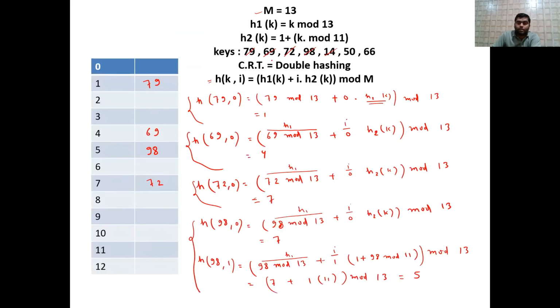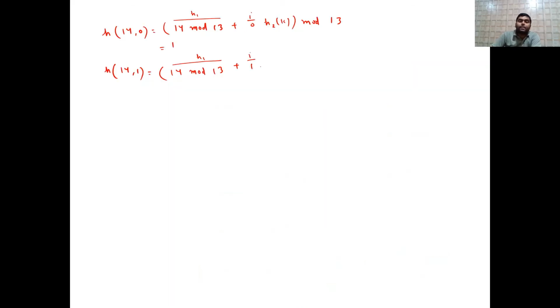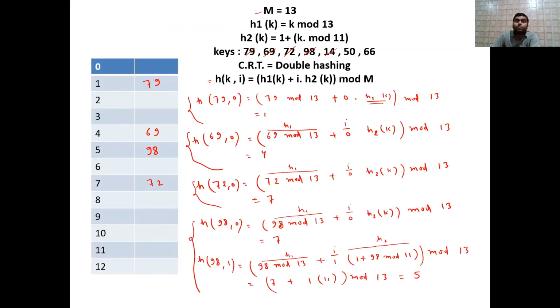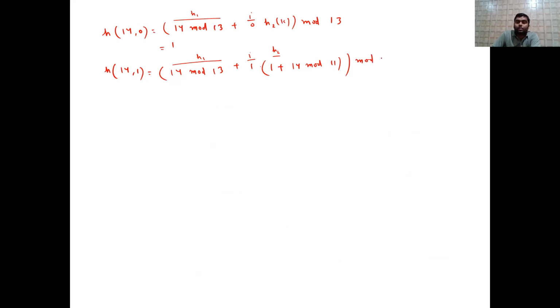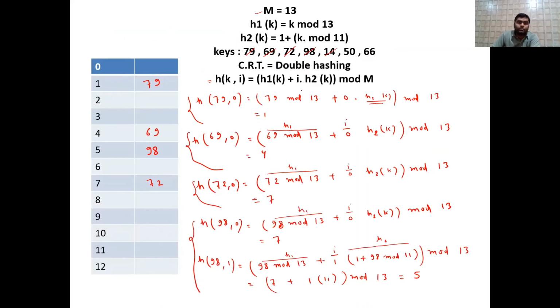So this complete thing is h2. Now according to h2, 1 plus key, key is 14, and mod with 11. So it is 1 plus 1 into 3, so 3 plus 1 is 4, 4 plus 1 is 5, and 5 mod 13. So this will give you 5 as the answer.